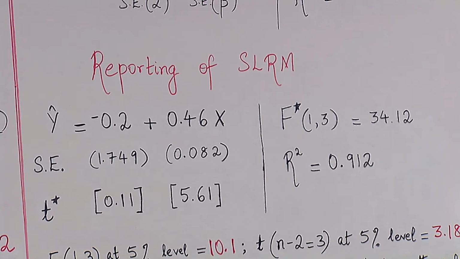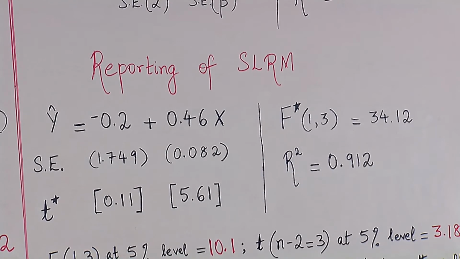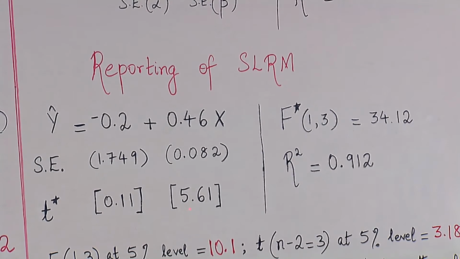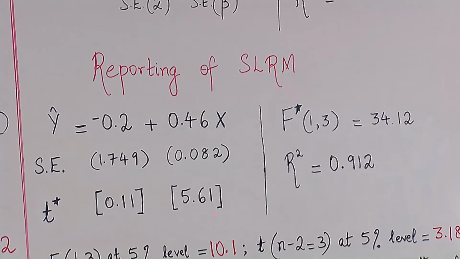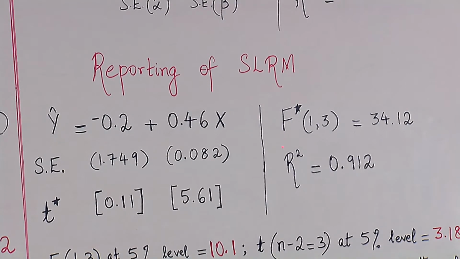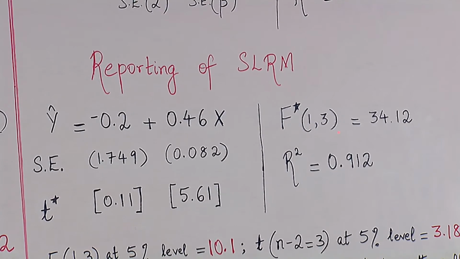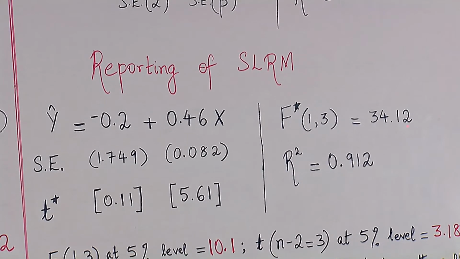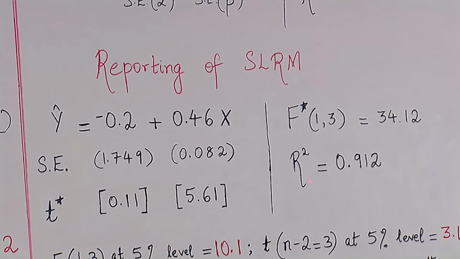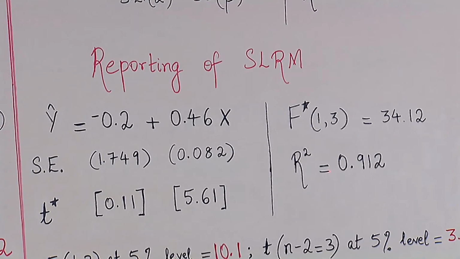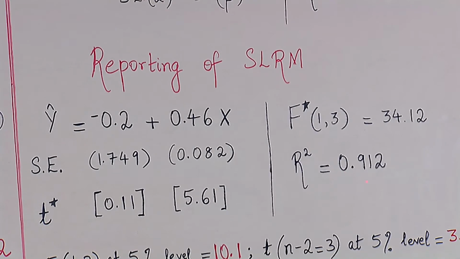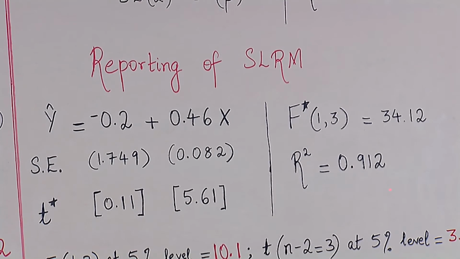Likewise, the t statistics which was calculated for alpha hat is 0.11 and the t statistics for beta hat is 5.61. On the right side, we present the calculated F star value with 1,3 degrees of freedom, which is 34.12, and the r square value that has been computed for this case is 0.912. I hope you now know how to report an SLRM model.